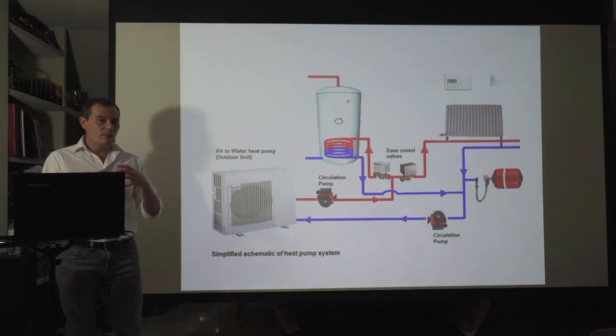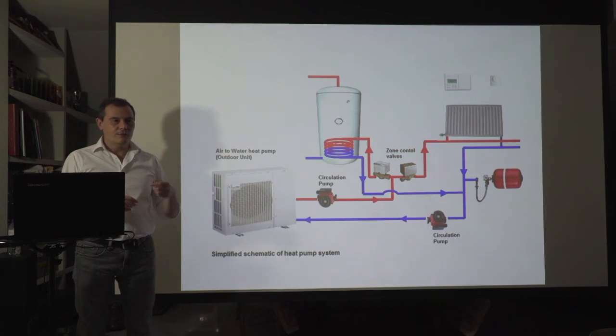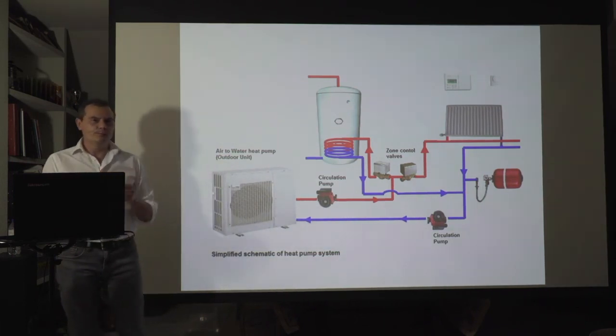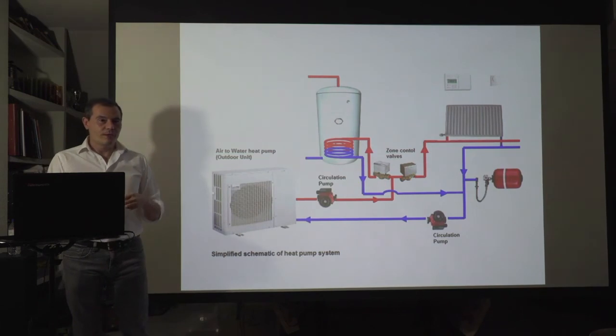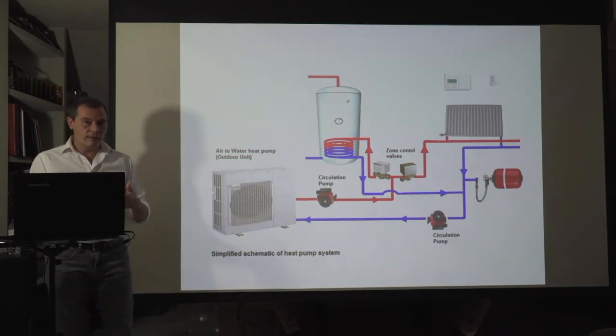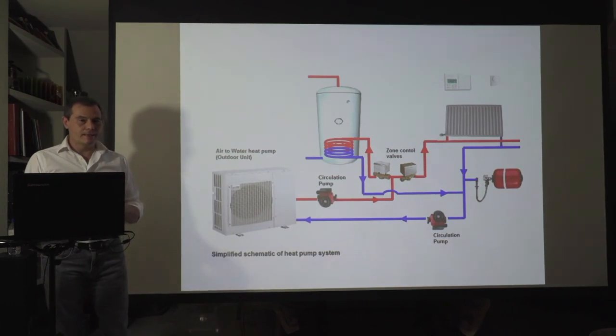So in these kind of complicated buildings, it's good to analyze the building, and probably there's a system that is the best for different parts of the building. So it gets more complicated, but I think it's better.